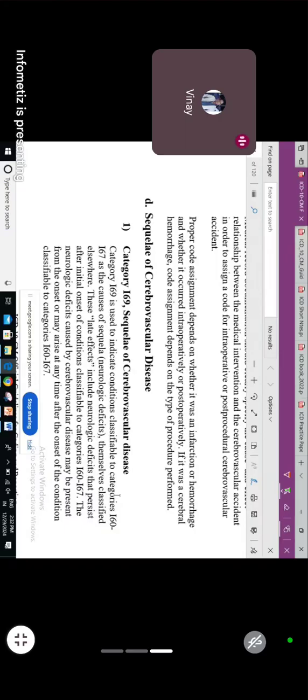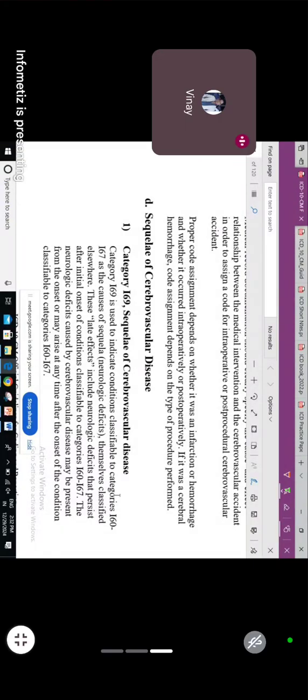Correct. Paralysis. Right? That would be considered a sequela effect of a cerebrovascular disease. Why so sequela? Because today the patient got a cerebrovascular attack, brain stroke. He got paralysis. We treated him for the stroke.